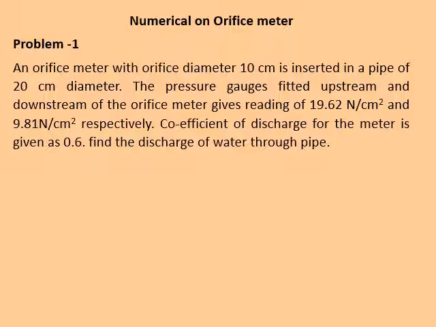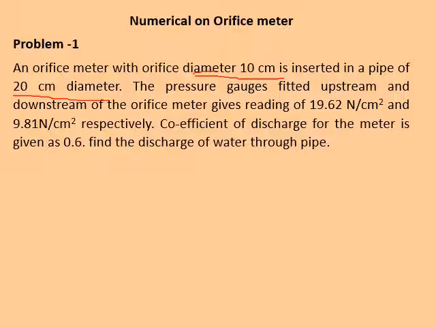So here the orifice meter and the diameters are given. The orifice diameter is 10 centimeter and the pipe diameter is 20 centimeter. That is d of naught is equal to 10 centimeter, d of 1 is equal to 20 centimeter.